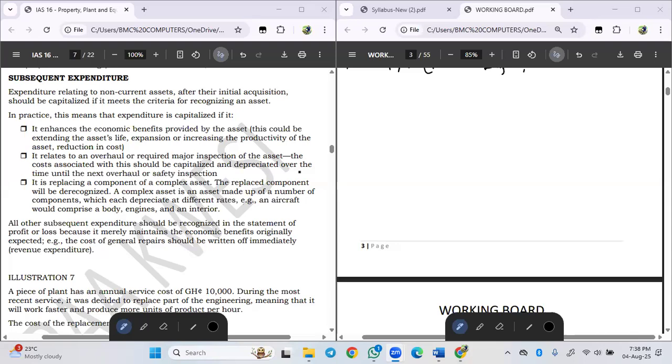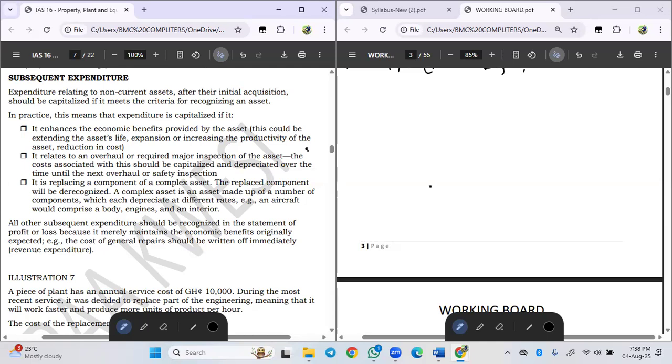So let's say you've acquired a plant, and it was producing well. In 3 years' time, the production volume reduced because maybe there was a fault with it. So after 4 years, it was producing just, let's say, 500 units.